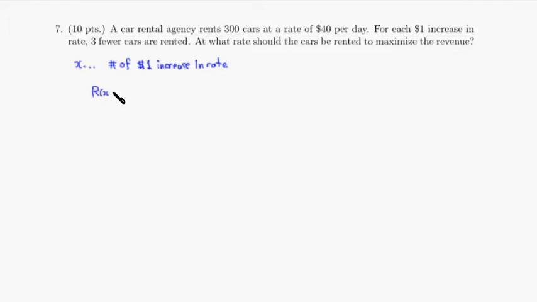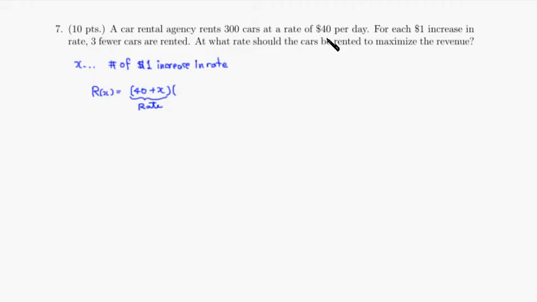Then let's come up with the revenue function. R of x is equal to, you start out with $40 per day, so I'm going to use 40. Then you have x dollar increase, so we write x. So this is going to be the rate. Then multiply by the number of cars rented.